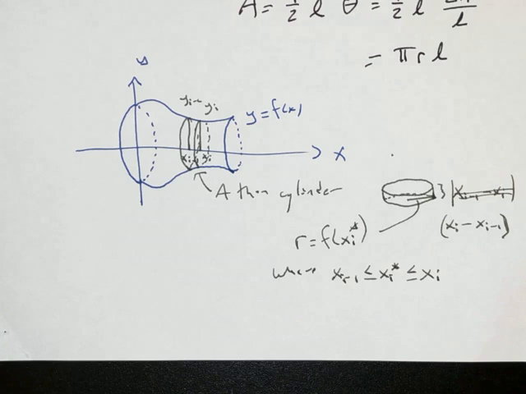I could take any x value in there. And that would be my radius. But it's going to be tipped, isn't it? That's only an approximation.